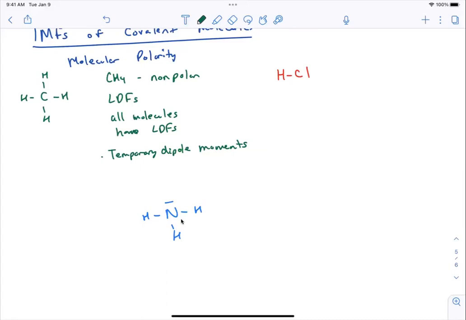But it increases with mass. The larger the mass, the stronger the LDFs. So if you're comparing two species that are nonpolar, the one with the greater mass is always the stronger one. You can see this best explored by the halogens.